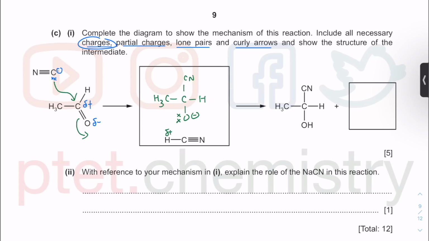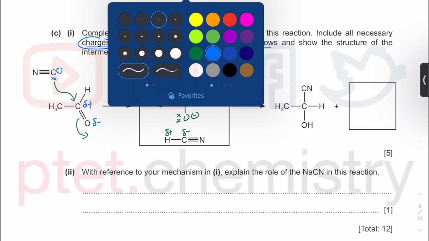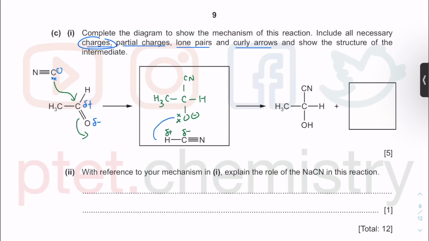I must label my dipoles on the HCN polar molecule. It's not ionic, it's polar. Now the lone pair on the oxyanion attacks the electron-poor hydrogen, and the H-CN bond breaks and gives the 2 electrons back to the carbon, and I regenerate the CN minus, which has a lone pair on the carbon again.